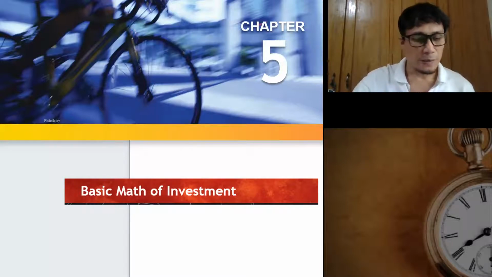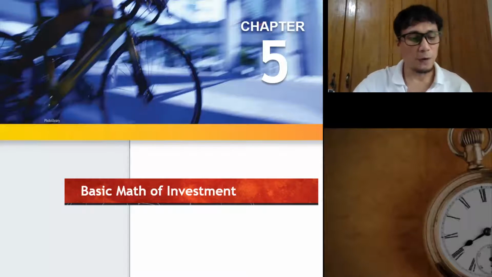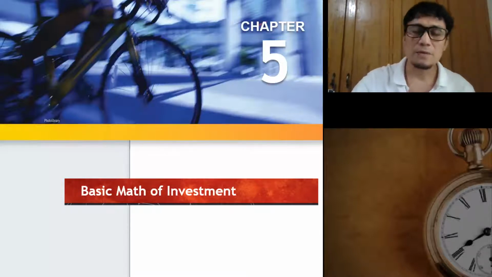For example, you invest an amount of money at a certain bank, and the bank informed you that you will earn what we call simple interest on the invested amount. What do you mean by that?